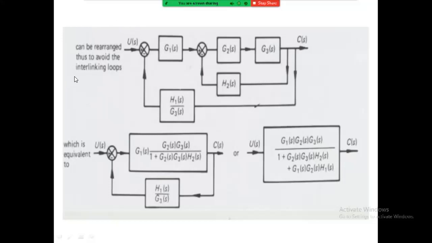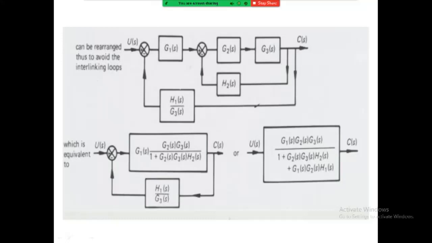So G1 of S into G2 of S, G3 of S will be in the numerator, and 1 plus G2 of S, G3 of S and H2 of S in the denominator. Now only one block is remaining, that is H1 of S into G3 of S, which is in parallel connection with this large box.